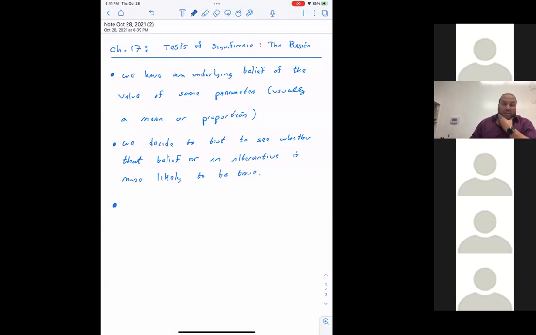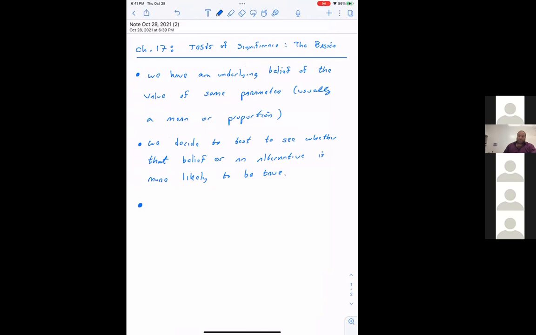Now, how exactly are we going to go about testing to see whether or not the original belief or a different one is true? How do we test a belief?